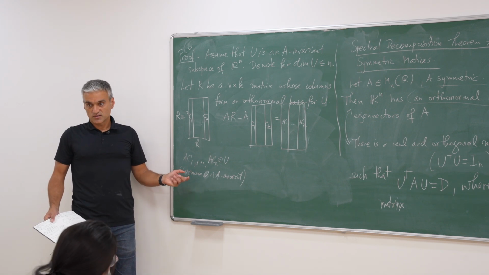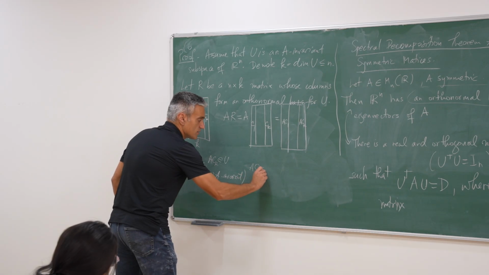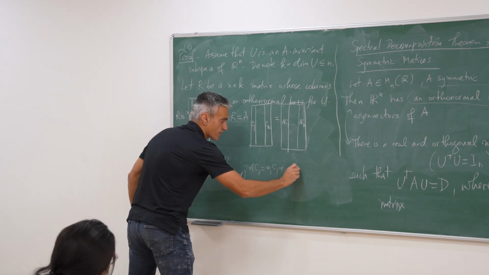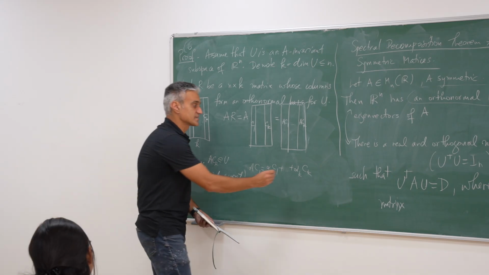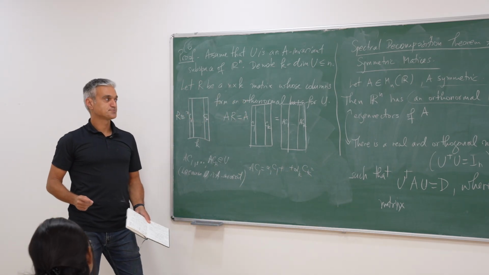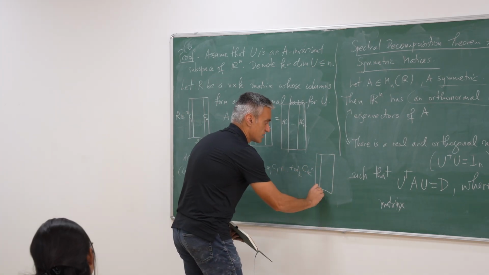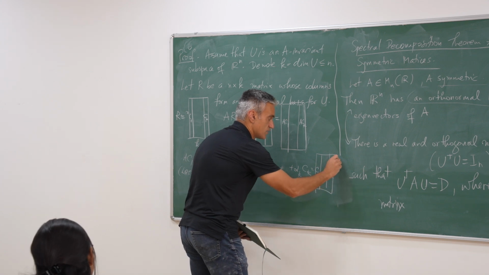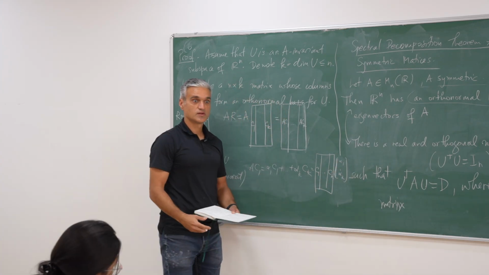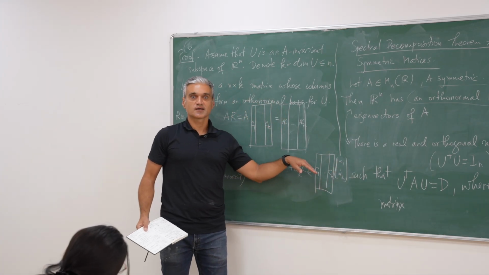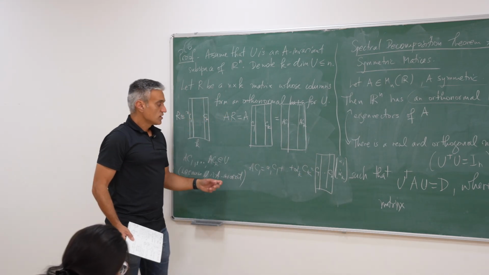I'll do one example: AC1 is going to be alpha 1 C1 plus ... plus alpha k Ck. But how can you write this as a product of two matrices? You can write it as the matrix C1 ... Ck multiplied by the vector alpha 1, ..., alpha k. Think about C1 ... Ck as numbers, the way you do a dot product.